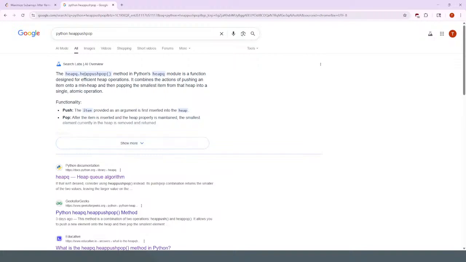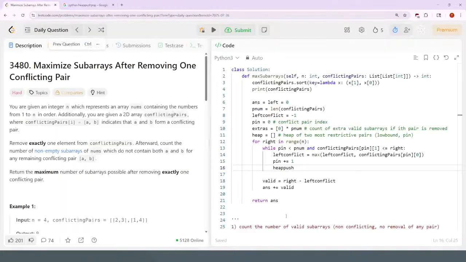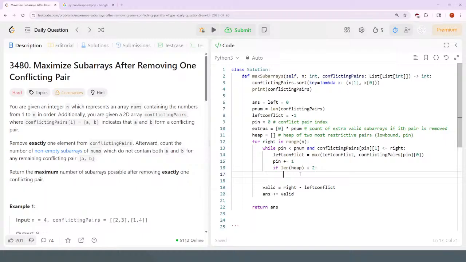Heap queue, heap push pop. So I think maybe this is going to be if the length of the heap is less than 2. Ooh, I can be a little tricky. I can make two dummy values in the heap to go around this. All right, I'll do the straightforward way first, and then I'll do the tricky way afterwards.